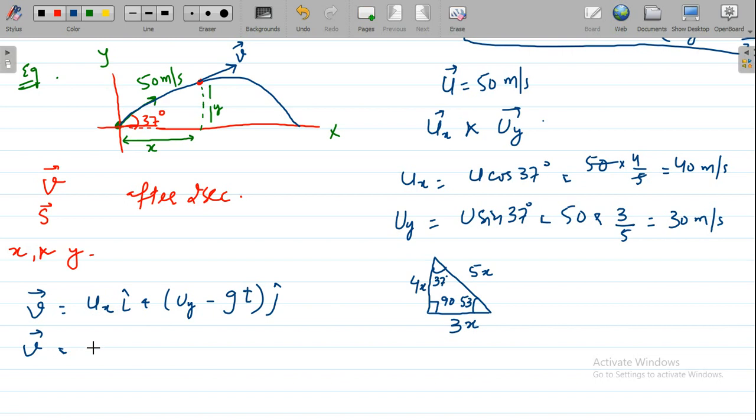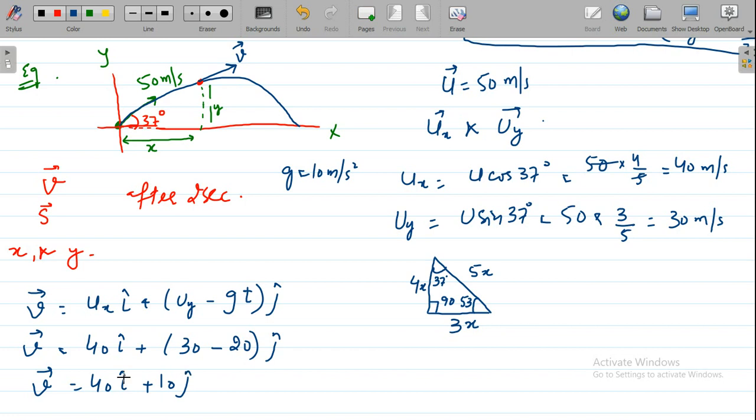Substitute the values. ux is 40 i plus 30 minus, let's take g equal to 10 meter per second square. The value of g is otherwise 9.8, let me take it 10, that's 10 into 2, that's 20 j cap. So the velocity is 40 i cap plus 10 j cap. This will be the velocity after 2 seconds.